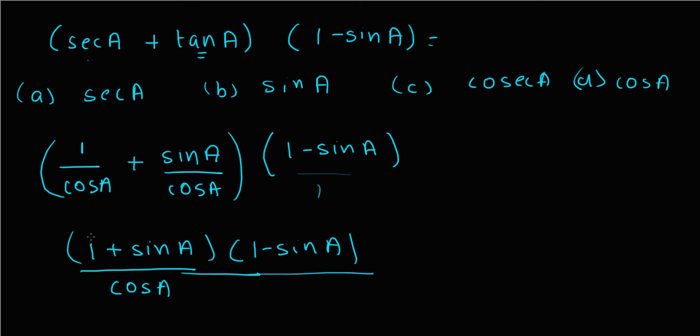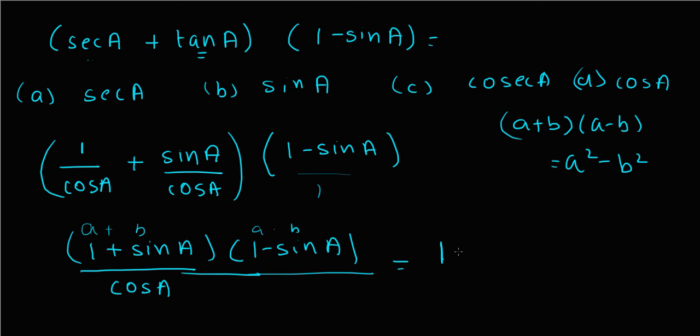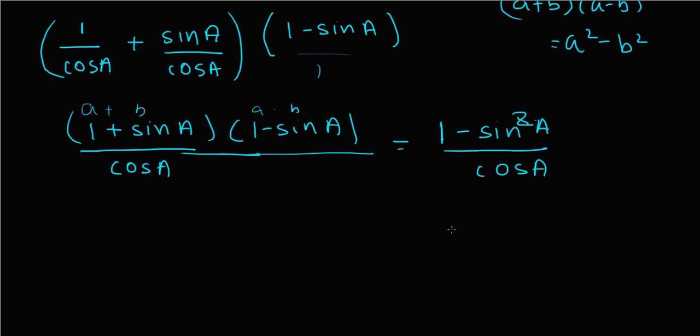Now this is again of the form a plus b into a minus b. We know that a plus b into a minus b is a square minus b square. So this is 1 minus sine square A by cos A. So I have the formula sine square theta plus cos square theta equal to 1.